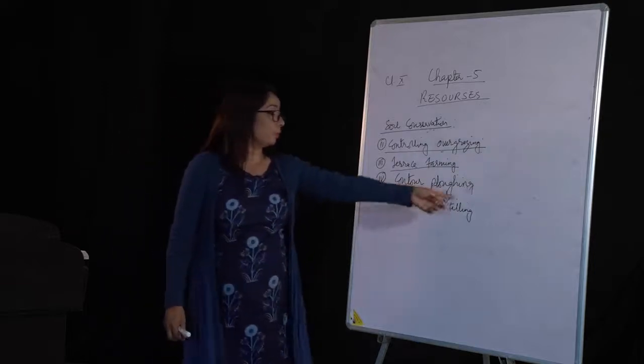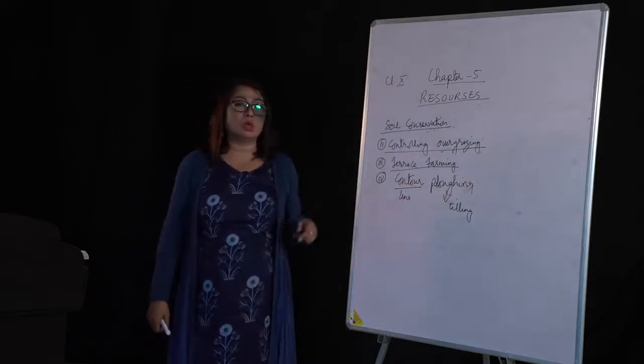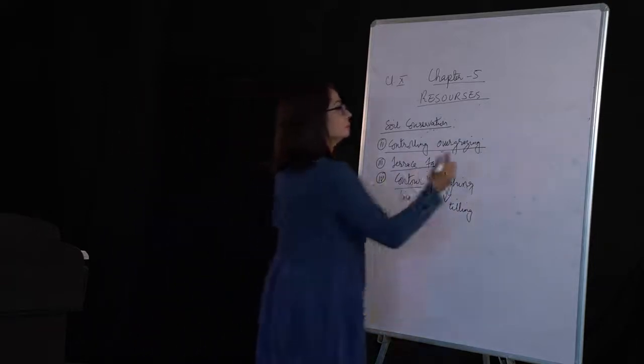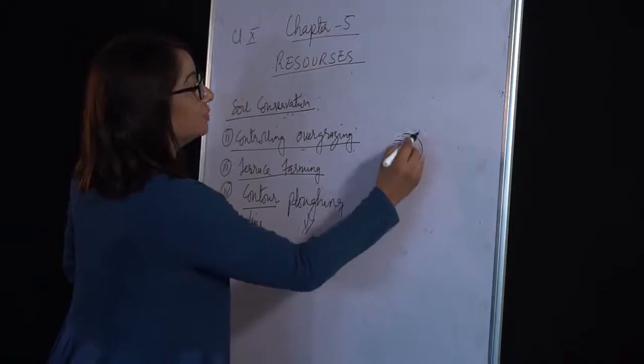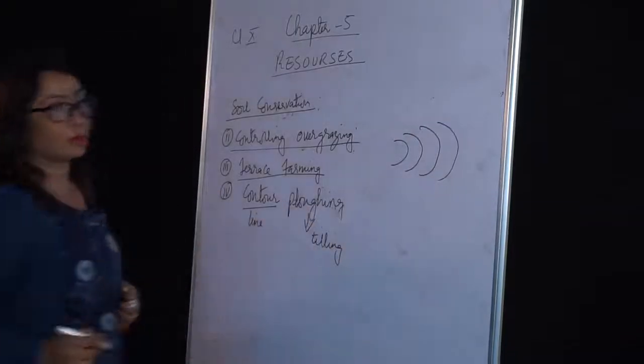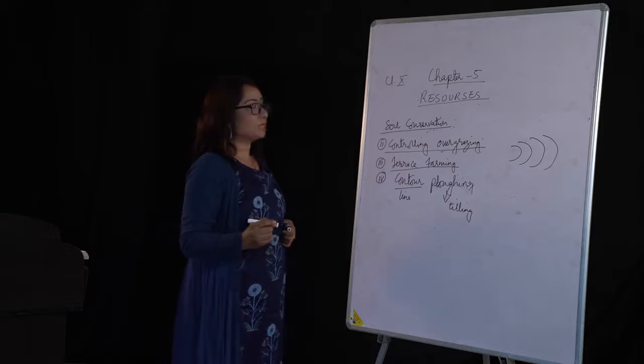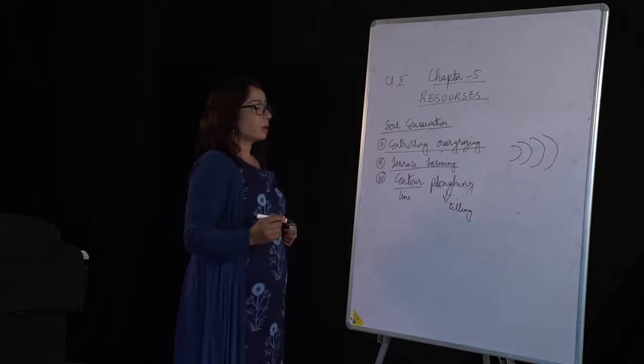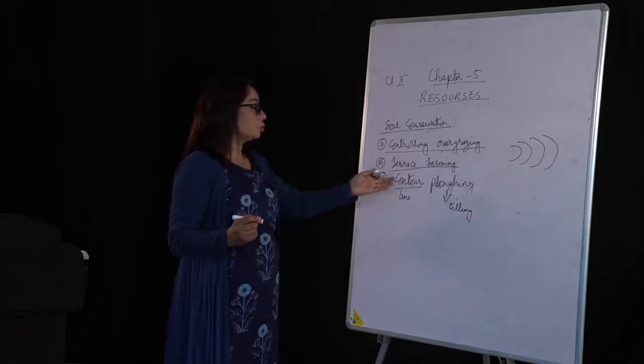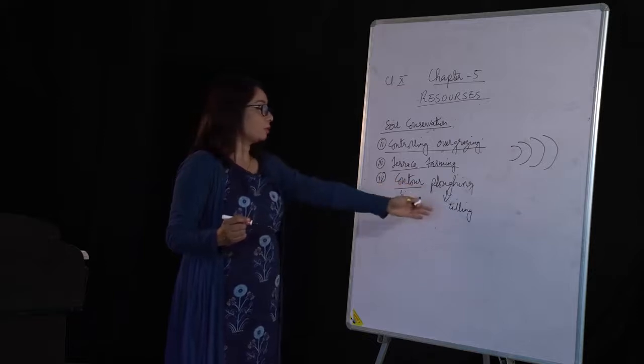So contour plowing means digging the soil in a line. For those who are listening to me, contour is line and plowing is tilling.